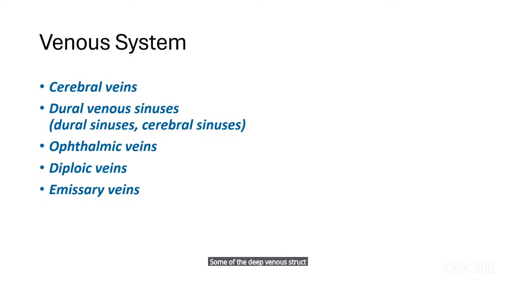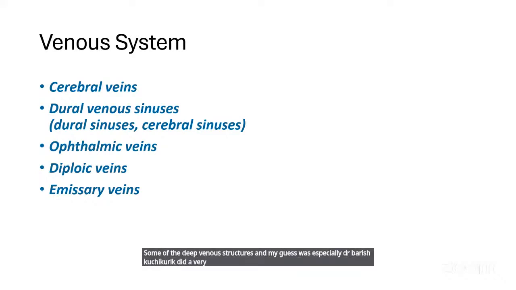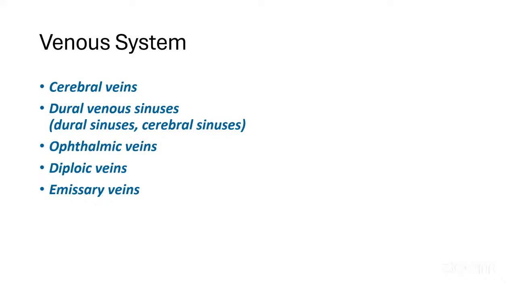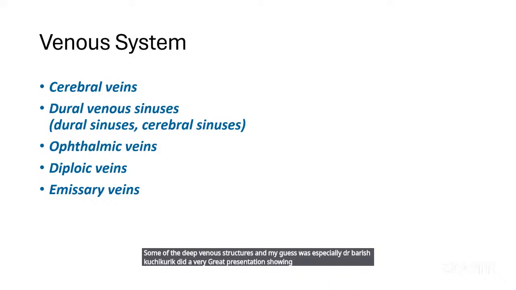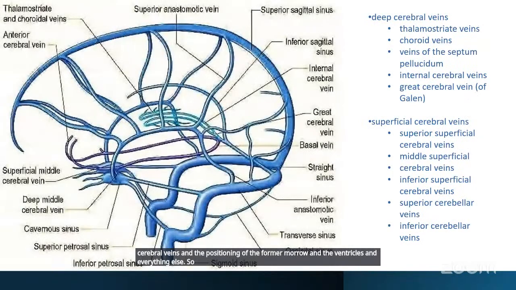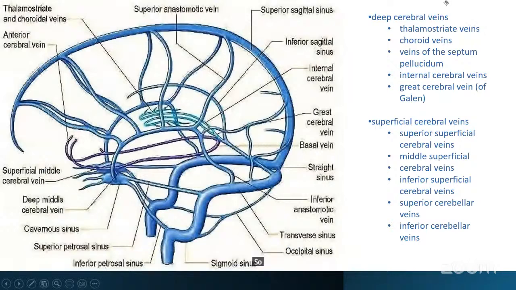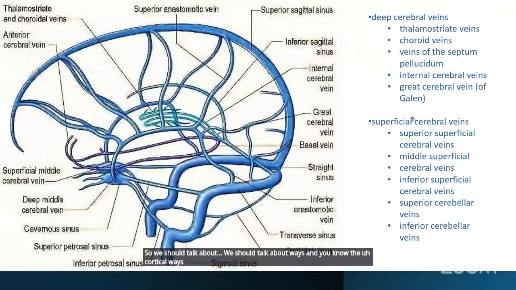And my guess was true, especially Dr. Barış Küçükürük did a very great presentation showing the importance of the deep cerebral veins and the positioning of the foramen of Monro and the ventricles and everything else. So that was good. So we should talk about the deep cortical veins and the deep veins, superficial veins.